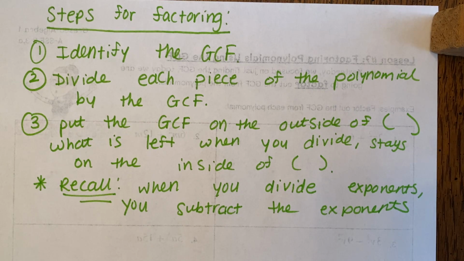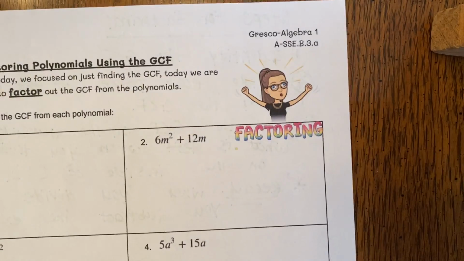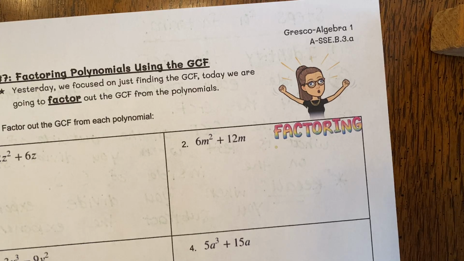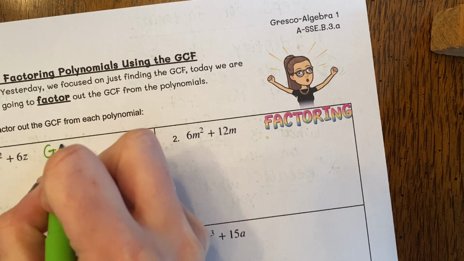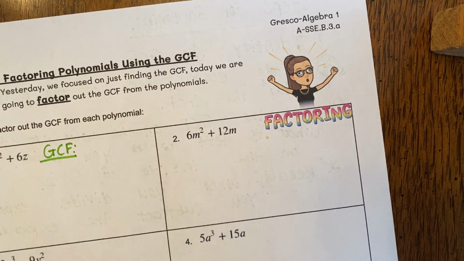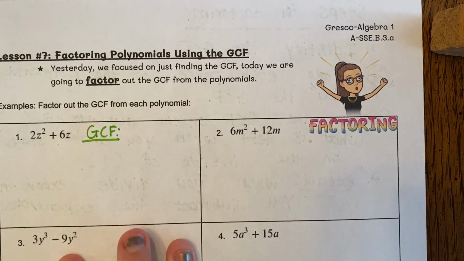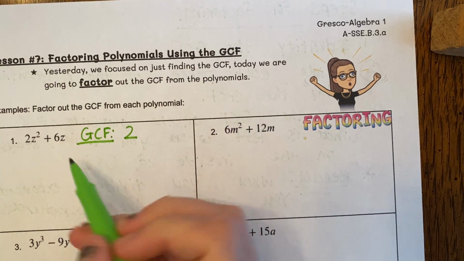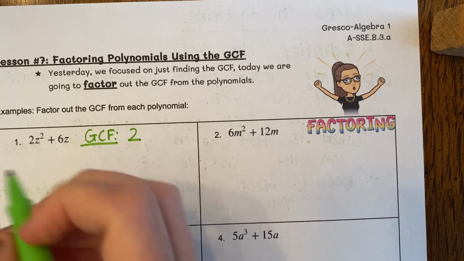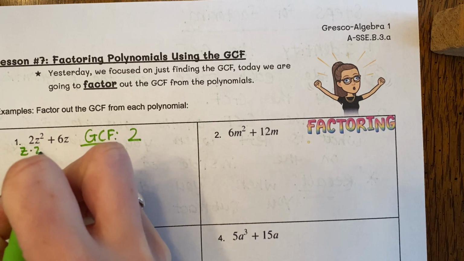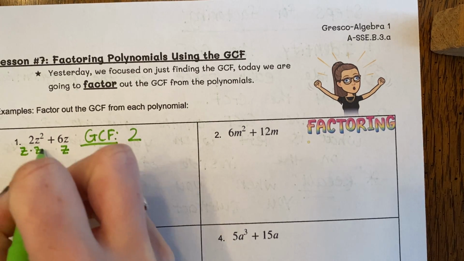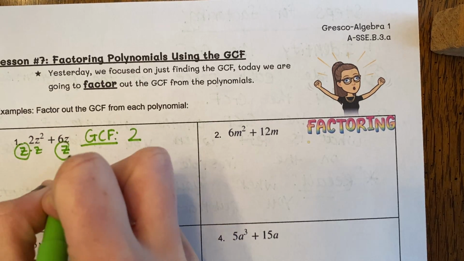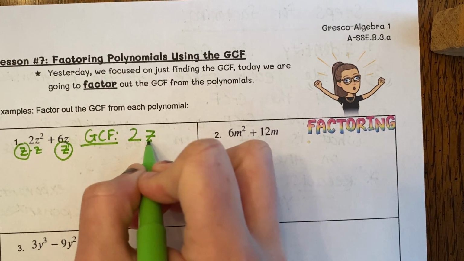All right, so let's go back to the front and start with number one. We first want to identify our GCF. What number is the biggest factor that goes into 2 and 6? It's 2. And then we have z squared and a z, so this would be like z times z and a z. We can only circle one of them, so we can pull one of the z's out.